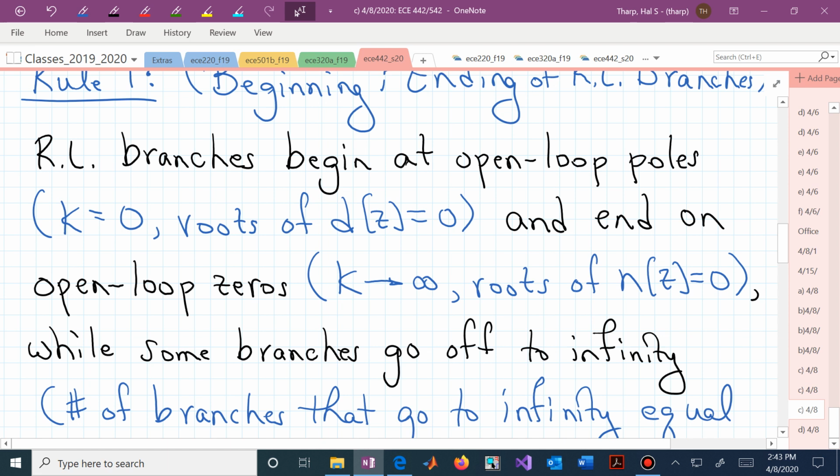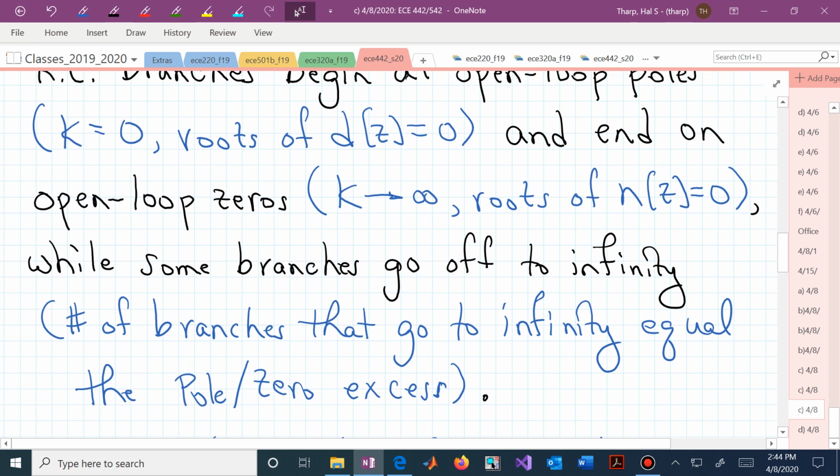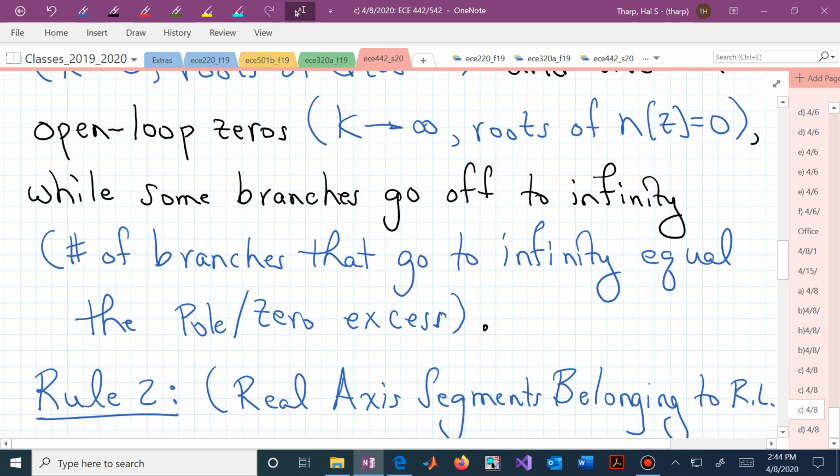Then 2 of those branches of the root locus would approach those 2 finite zeros. So 2 branches would terminate in our finite z-plane, and 3 of those branches would go off to infinity. The number of branches that go off to infinity is equal to the pole zero excess, or the zeros at infinity. That's rule number 1.